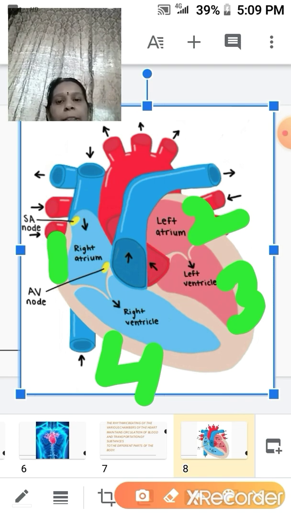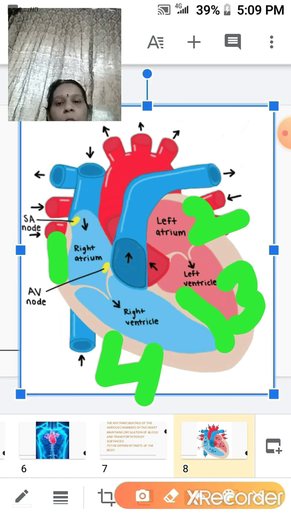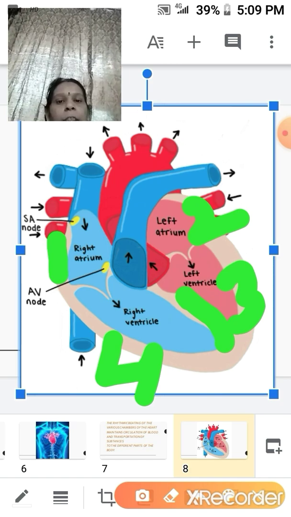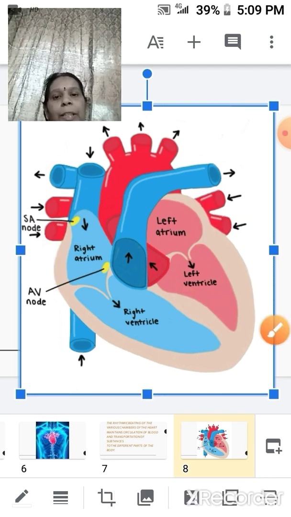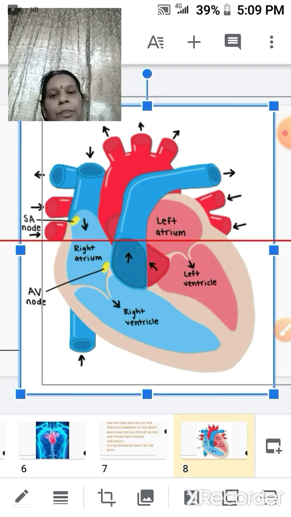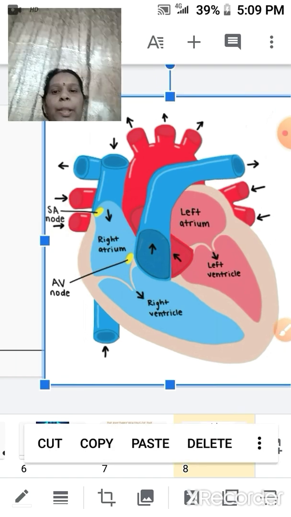Here you can see a thick wall, which is your septum. Here you can see that the heart is covered by a muscular wall of two layers, which we said was the pericardium.